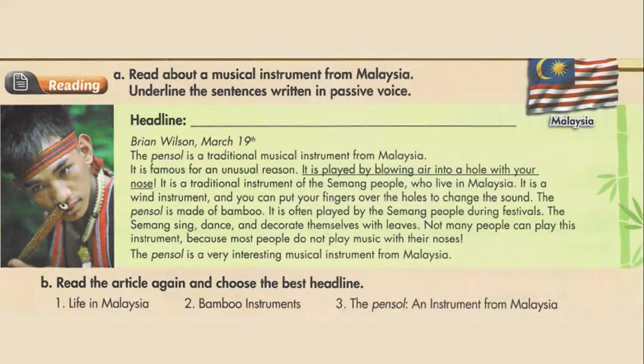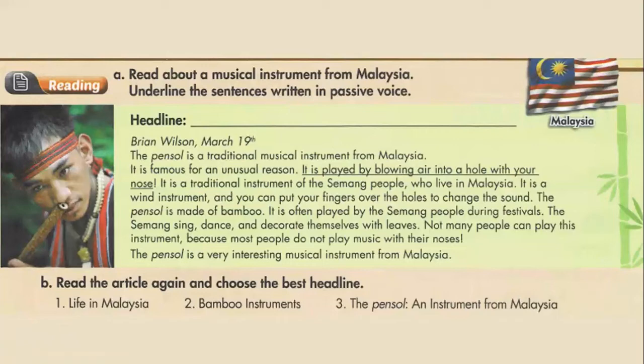Okay, so we just read the article about the pensol. Let's go over to letter B. Read the article again and then choose the best headline. We have the choices here. Number 1 is Life in Malaysia.